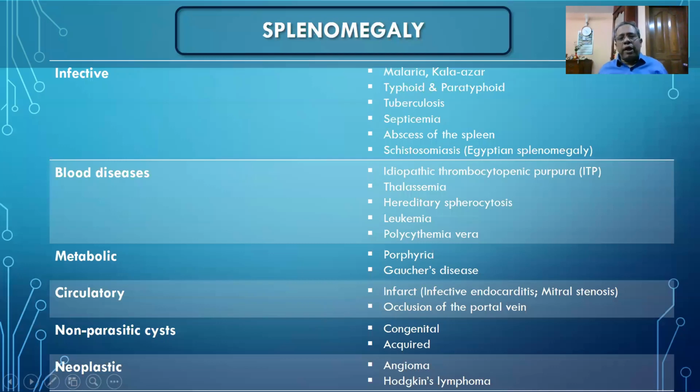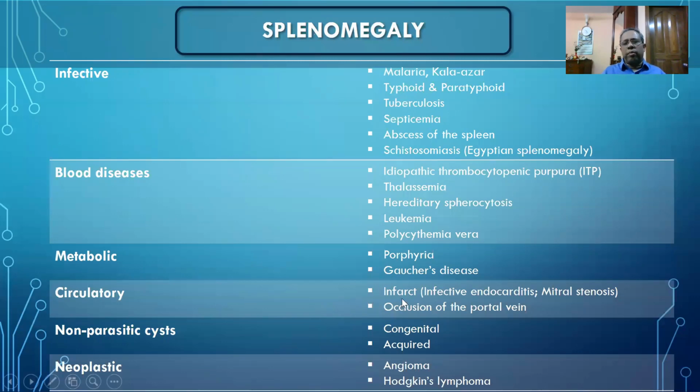Then there are metabolic diseases like porphyria and Gaucher's disease, and circulatory causes like infarct and infective endocarditis. In case of mitral stenosis with infective endocarditis, infective thrombi migrate through the vessels and occlude them, blood supply is impaired, and the spleen becomes infarcted.